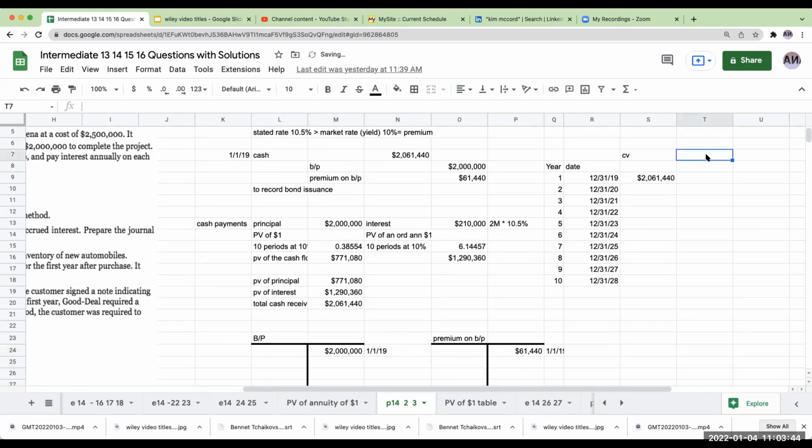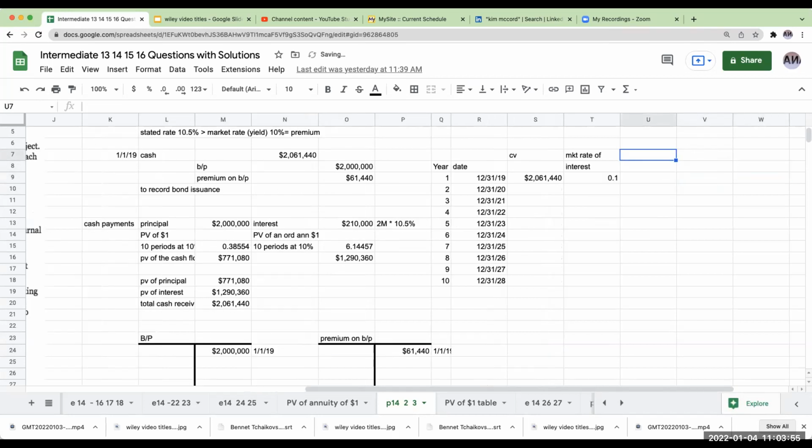Okay, so what I'm going to do is multiply this by the market rate of interest. My market rate of interest is 10%. So over here, my interest expense is going to be my carrying value times my market rate of interest, or 206,144.